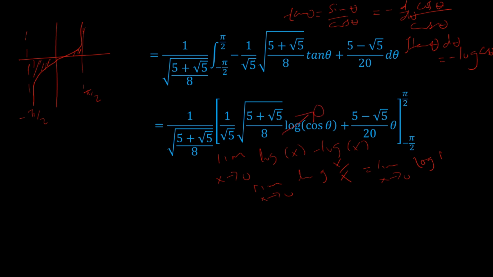And then since we have theta here, this becomes this constant 1 over square root of 5 plus root 5 over 8 times 5 minus square root of 5 over 20 in bracket times pi over 2 minus negative pi over 2, which becomes pi, as we see here.